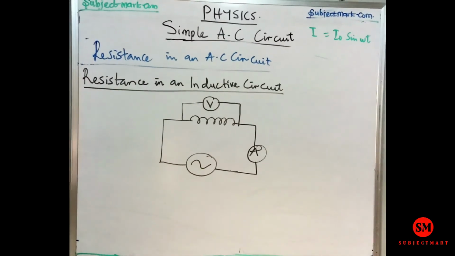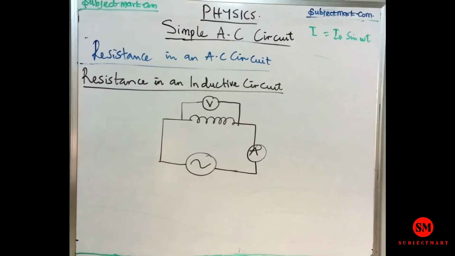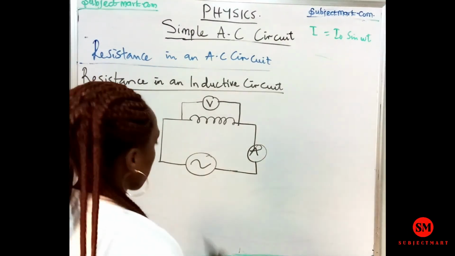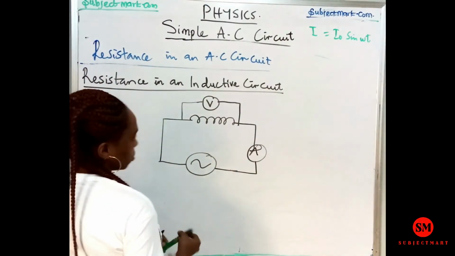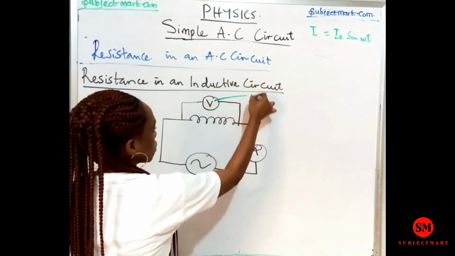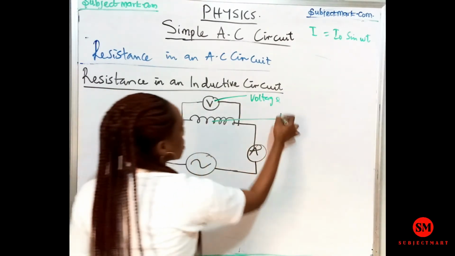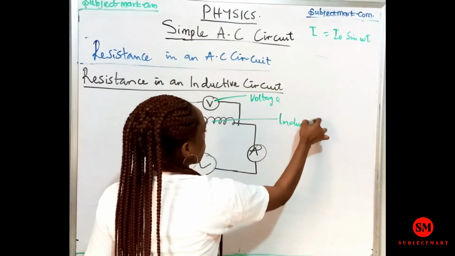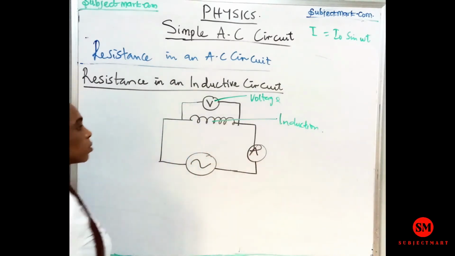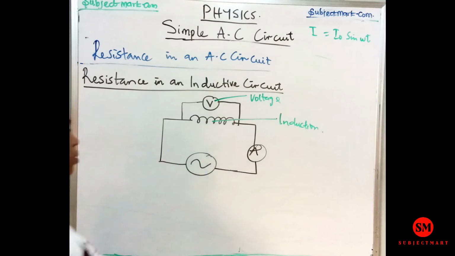Very important. Okay, so this is what an inductive circuit looks like. Here, as usual, is our voltage connected in parallel. Here is the inductor. You can see the coil, induction coil.